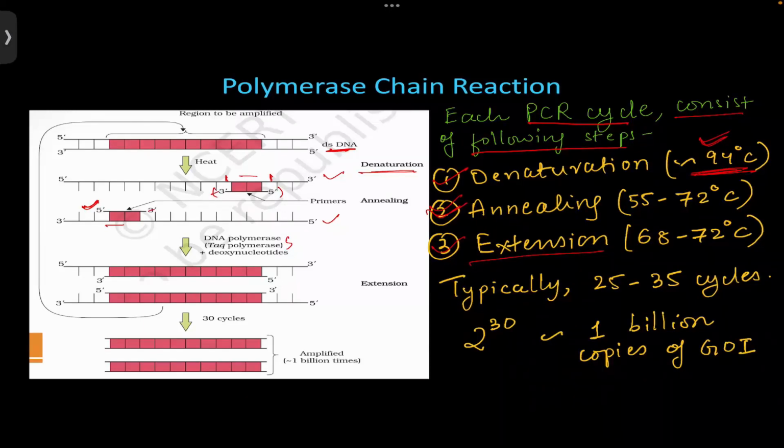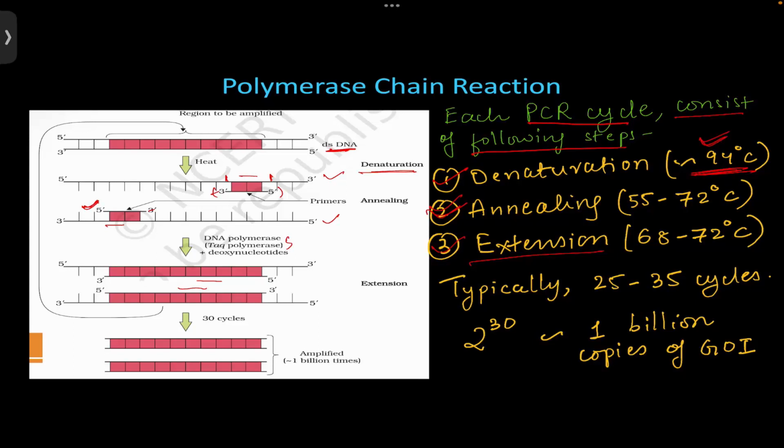As it is doing that, a complete DNA strand is synthesized in both forward and reverse direction. So at the end of the extension step, what will you get? You will get two new DNA molecules from one DNA molecule. So this is the product of one PCR cycle.